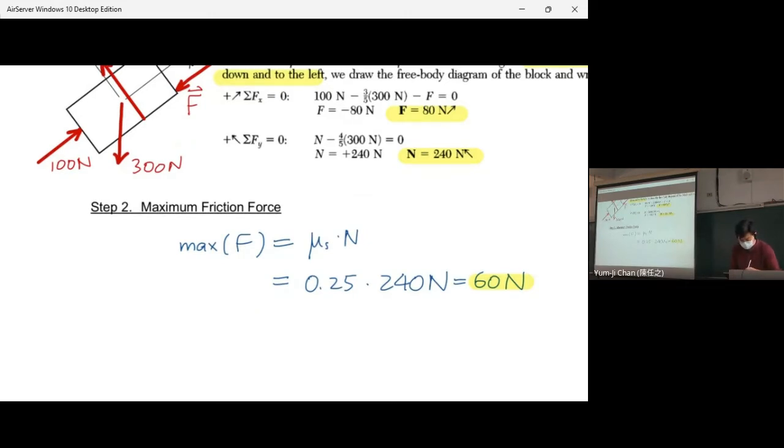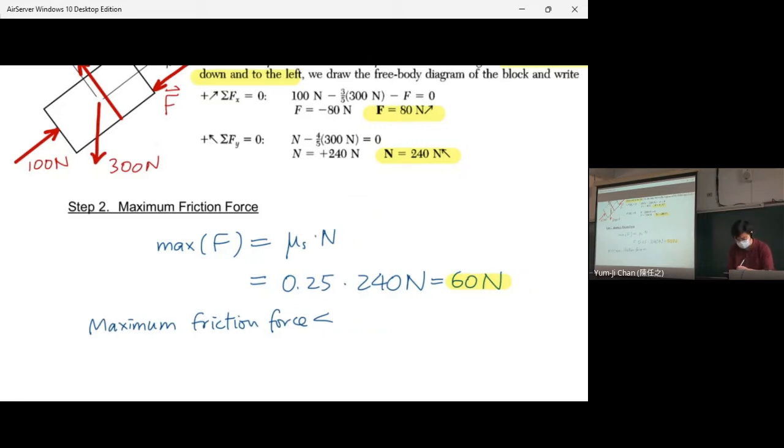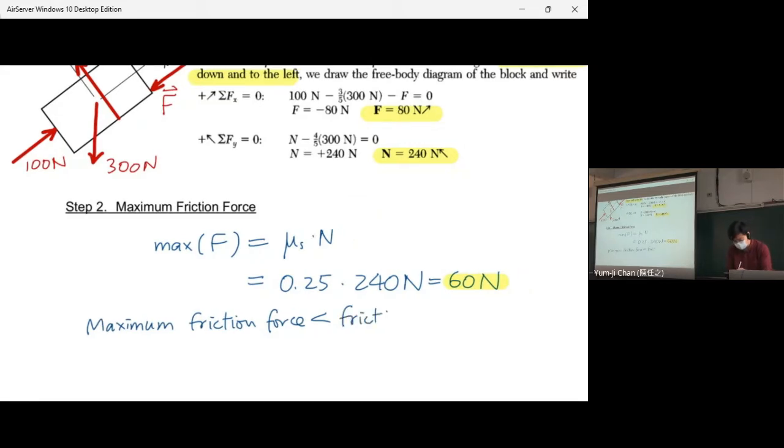Therefore, the maximum friction force is smaller than the friction required for equilibrium. Therefore, the block slides.